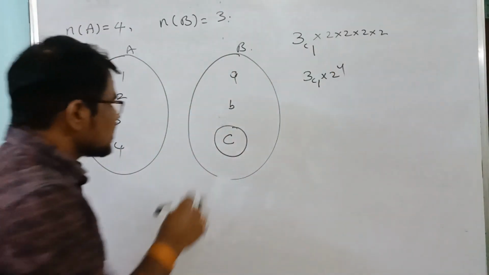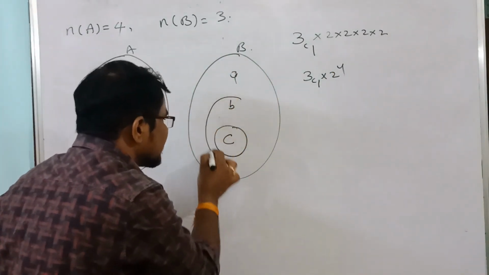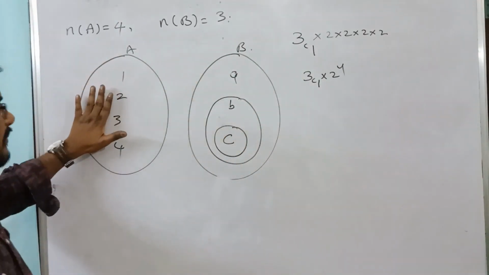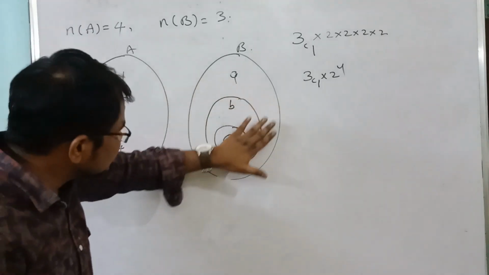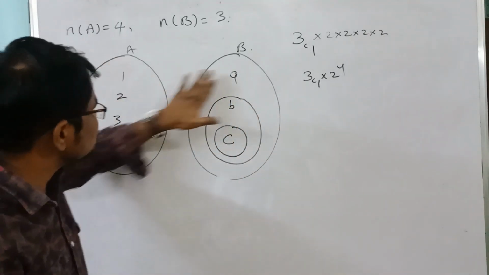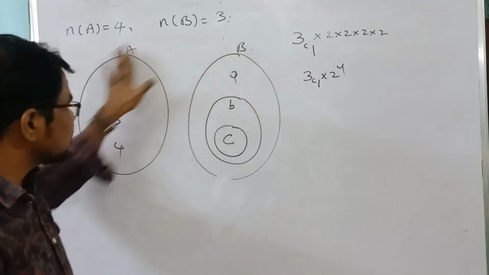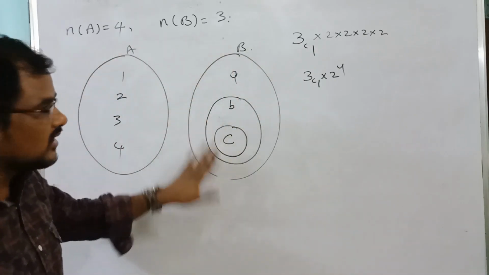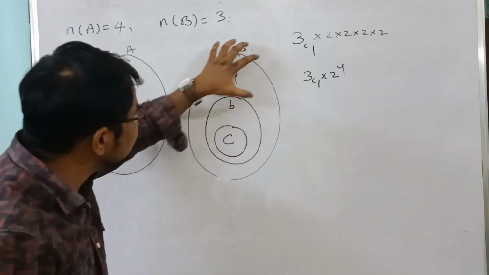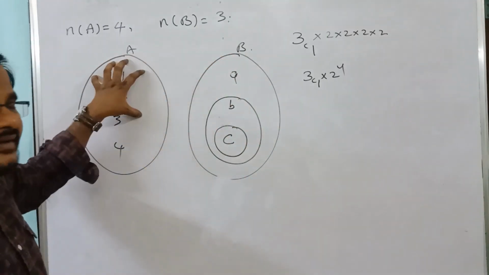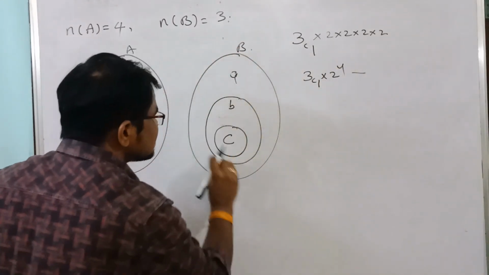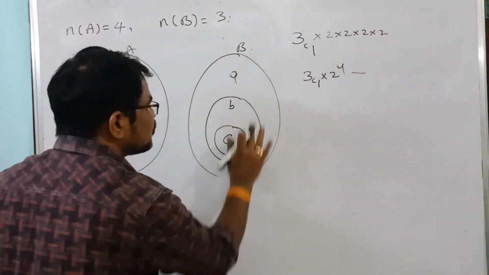Right. Next, suppose you consider 2 elements in B for which there is no pre-image in A. Even then it is an into function only, or not? Means there is a chance that for 2 elements in B, there is no pre-image in A. So how to select? Out of 3 elements, select the 2 elements.